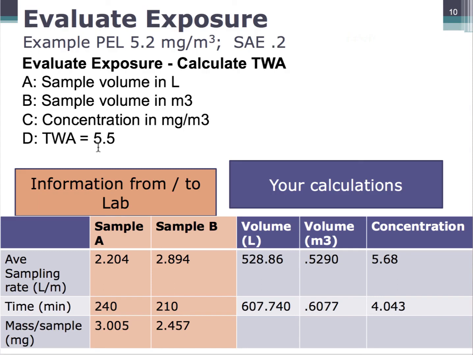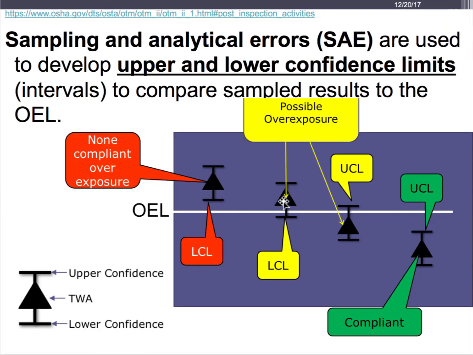Our time-weighted average was 5.5, our PEL is 5.2. But how confident are we that what we measured is actually above our permissible exposure limit? Our upper confidence limit is of course above our occupational exposure limit, but our lower confidence limit was below. So we're really unsure of what the true measurement was.